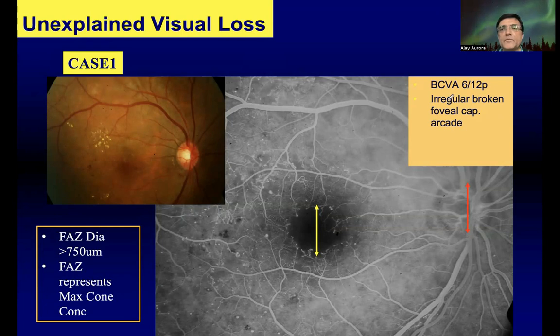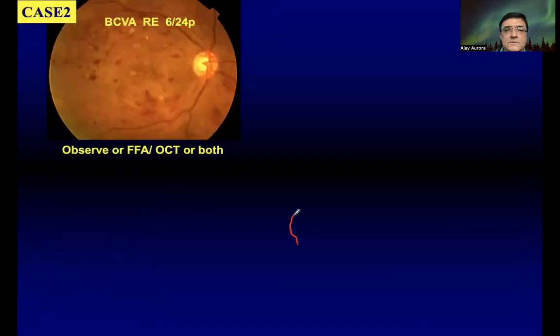This patient came to us with a reduction of visual acuity. The way to explain it was that the foveal avascular zone was enlarged, and the foveal capillary arcade, if I start drawing it, was broken.